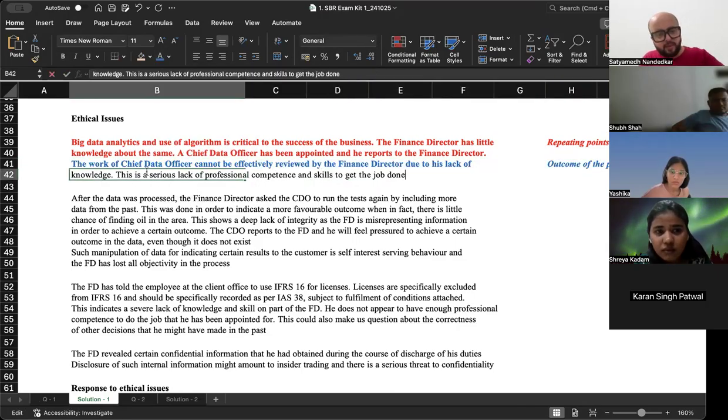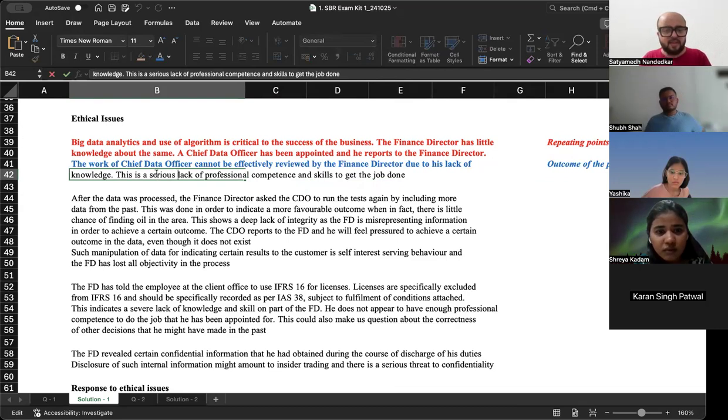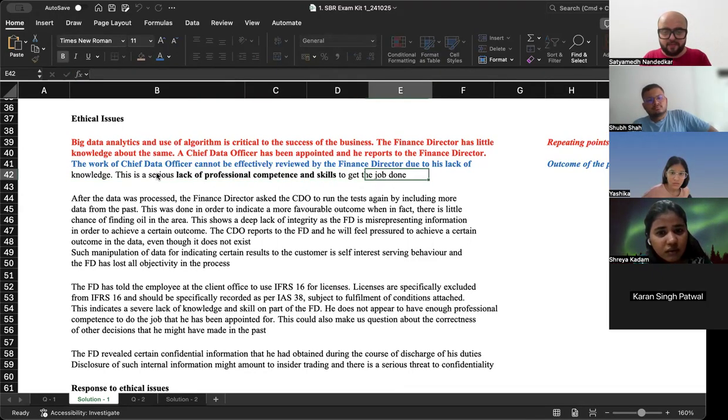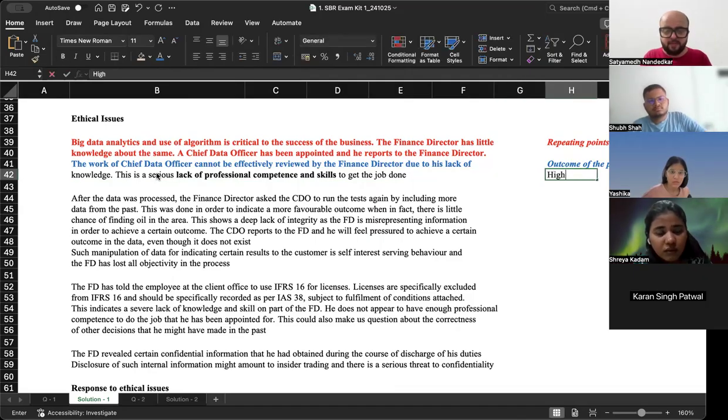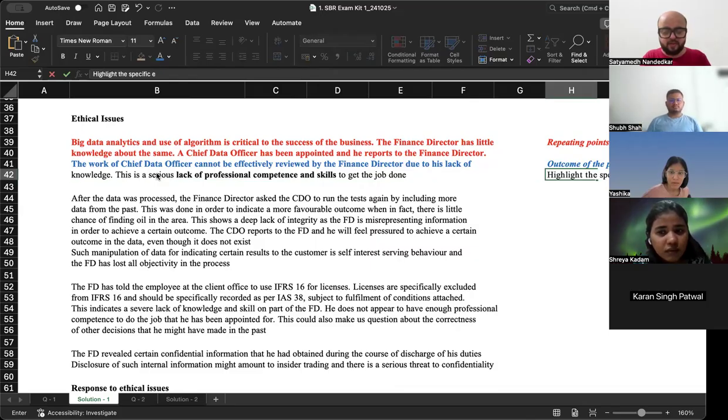And then you mention that there is serious lack of professional competence and skills. This is the ethical issue that you are highlighting. This is what will fetch you marks. I will say highlight the specific ethical consideration.